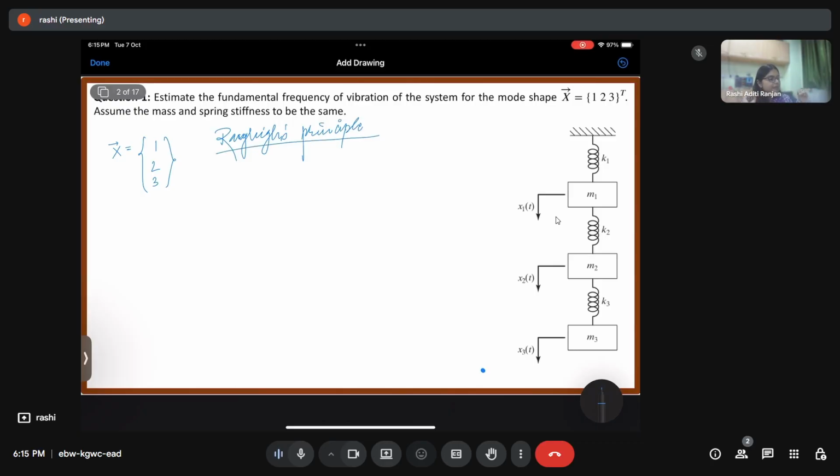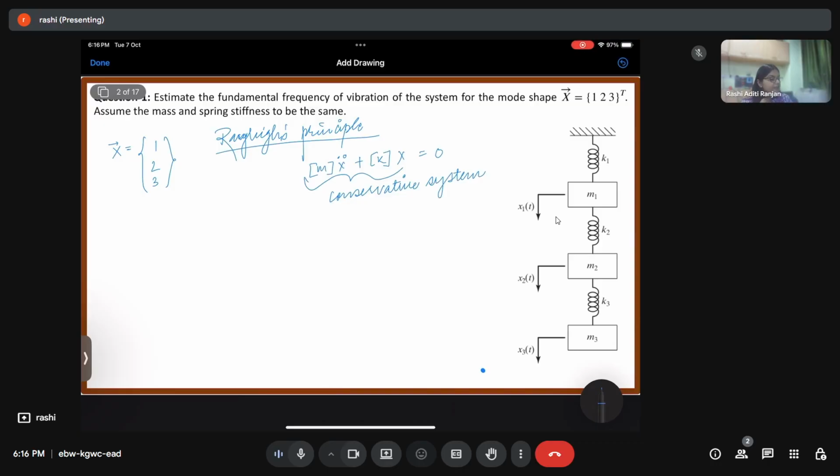The Rayleigh principle says that for a system of the form m x double dot plus c x dot plus k x equal to 0, if it is a conservative system, the damping term has to go to 0. So we have m x double dot plus k x equal to 0, which is a conservative system.